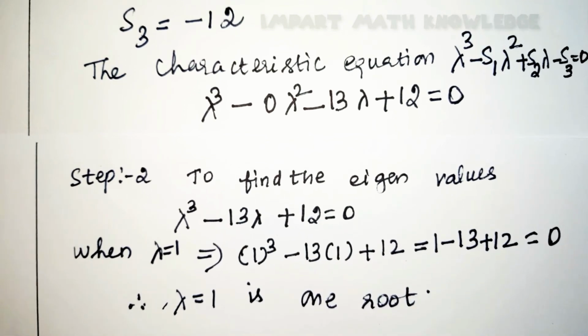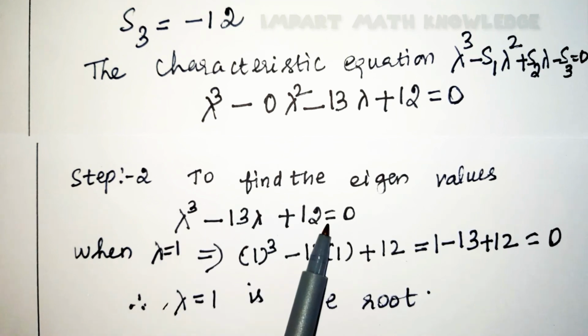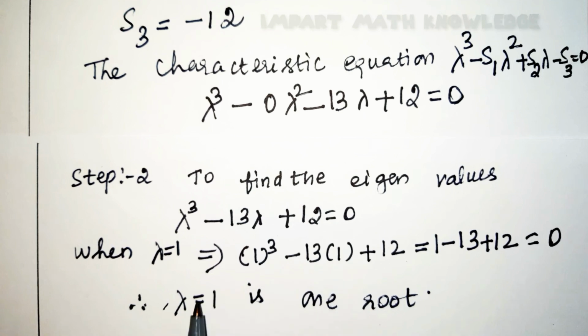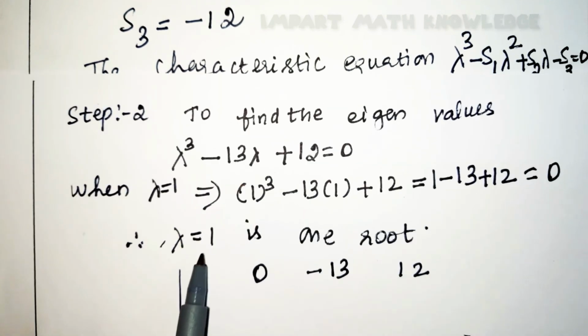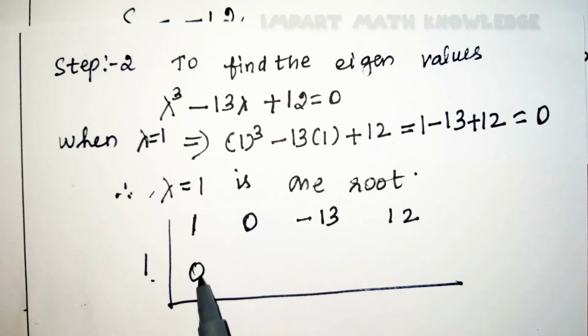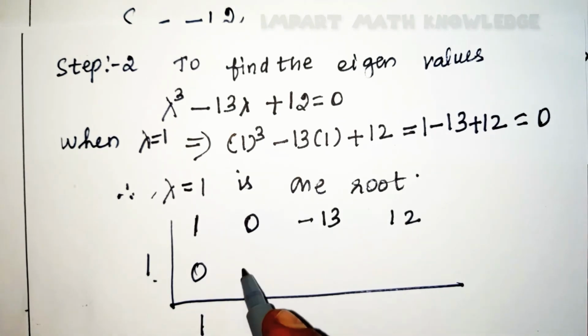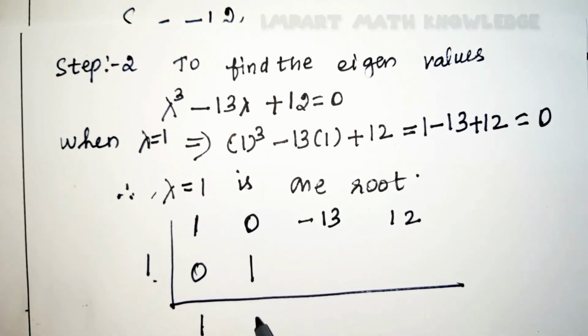We have to find 2 more roots. For that, you have to reduce the third degree equation into a second degree equation. Use synthetic division. You have to divide the characteristic equation with 1. You put 0 here. 1 plus 0 is 1. 1 into 1 is 1. 0 plus 1 is 1. 1 into 1 is 1.